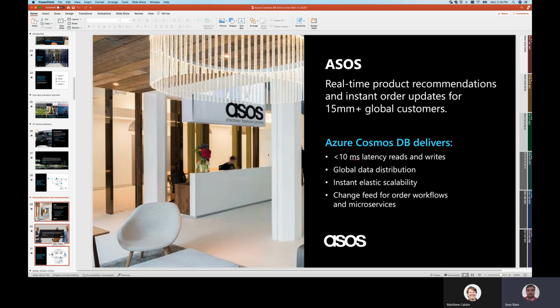And as you can imagine, when you are providing recommendations to your end users at such a scale, your database needs to have millisecond latency in terms of reads and writes. And this application is global because this is a global company. Everyone should be able to access their data with the same guaranteed low read and write latency. And this database should be scalable for many, many more global customers.